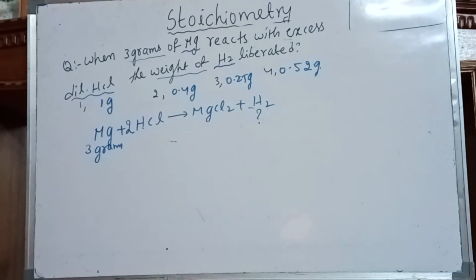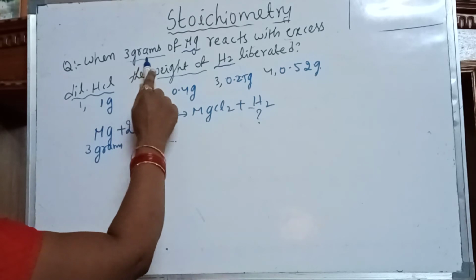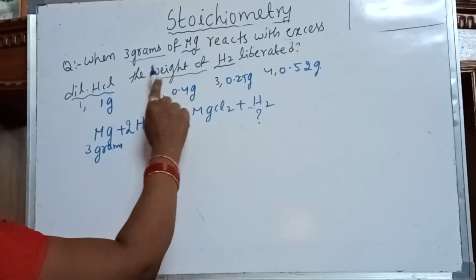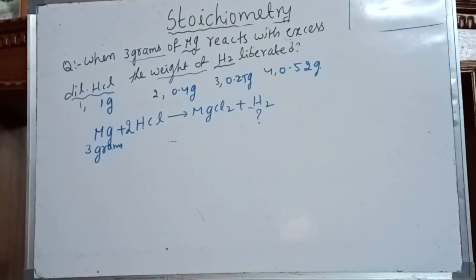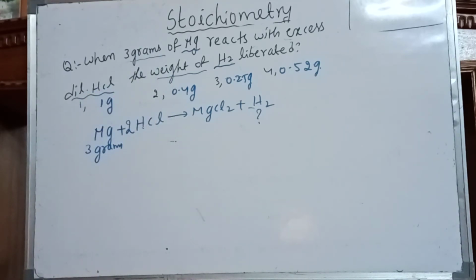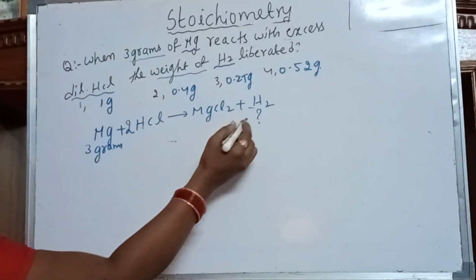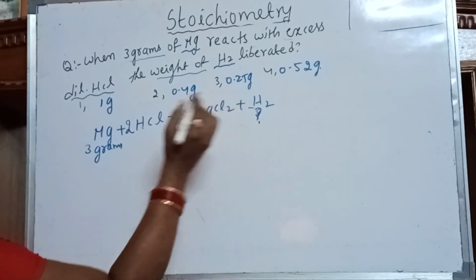The given is in grams, meaning weight, and we have to calculate weight also. Such a type of stoichiometric calculation is called weight calculation. The procedure is different, but I already told one trick, one formula, so by using that we can calculate directly. What is that formula here?